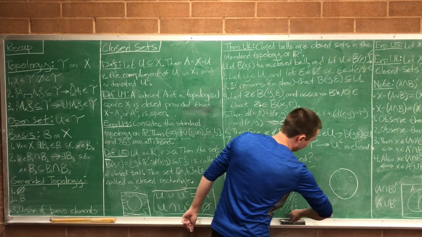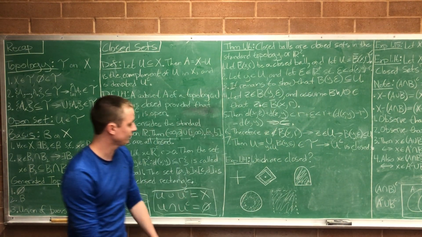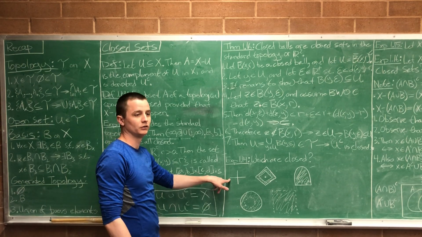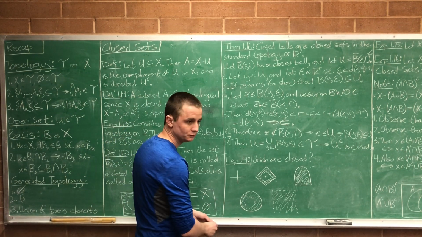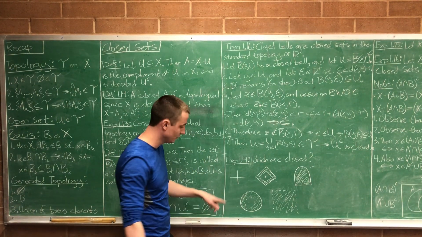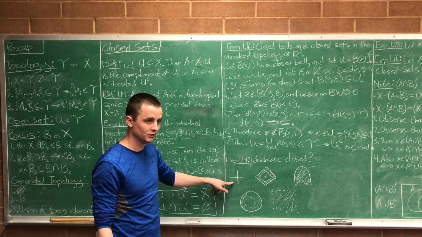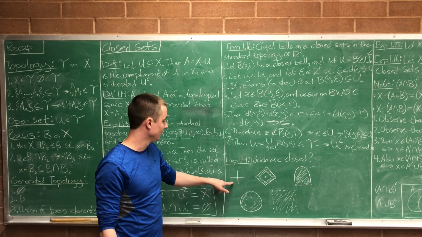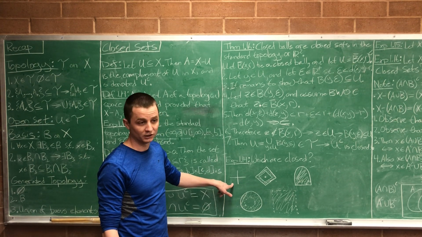Okay, and let's do some intuition examples. Look at all these sets. Which of them are closed in R2 is what we're going to ask. So I've got this plus symbol, the intersection of two line segments. Is this closed? Yes.